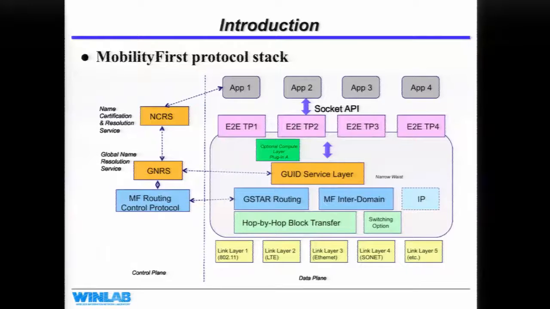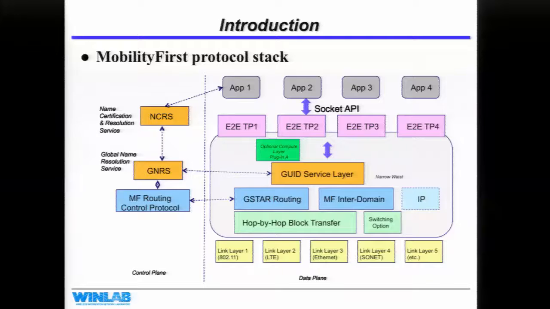Now, as a background, let's first take a look at the MobilityFirst protocol stack. To replace the narrow waist formed by TCP/IP in the current internet, MobilityFirst introduces a name-based service layer, which consists of the Name Certification and Resolution Service, NCRS, and the Global Name Resolution Service, GNRS.